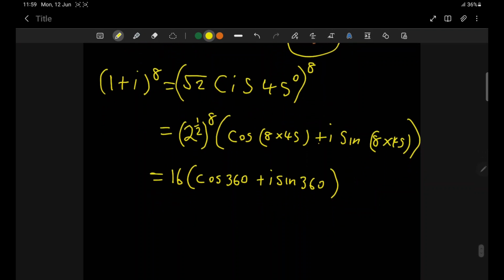Cos 360 is 1, sine 360 is 0. So we'll have 16 times 1 plus 0i. Then if you multiply 16 throughout, we just have 16. And this is in standard form, and it's our solution.